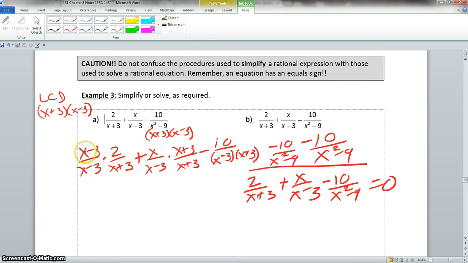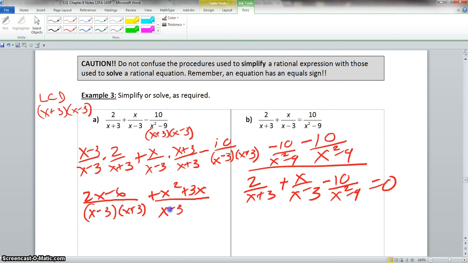So we know this will give us 2x minus 6 all over x minus 3, x plus 3, plus x times x is x squared, x times 3 is 3x, all over x minus 3, x plus 3. And then that'll be minus 10 over x minus 3, x plus 3. Here, let me draw this little line to separate this.